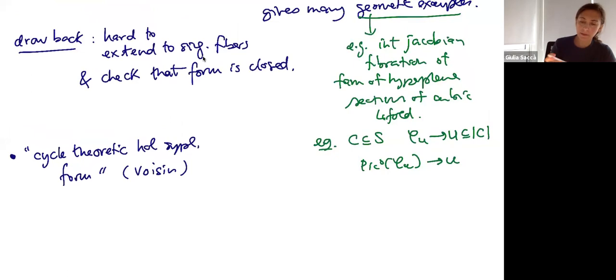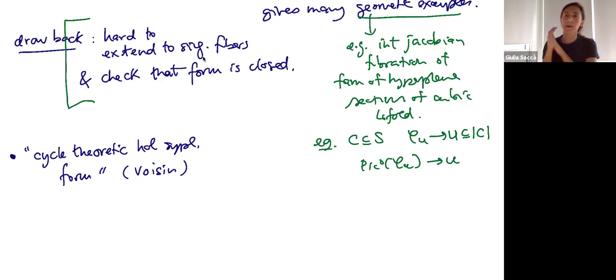The good thing about this way of looking at the holomorphic symplectic form is that it kind of solves these 2 issues. And so the upshot of this discussion, after I tell you what I mean by cycle-theoretic holomorphic symplectic form, is that using Donagi-Markman, you can find lots of examples, and then using this, you can try to extend it.